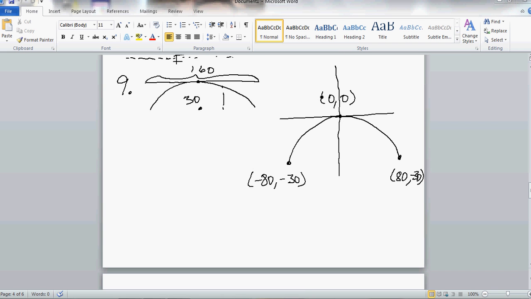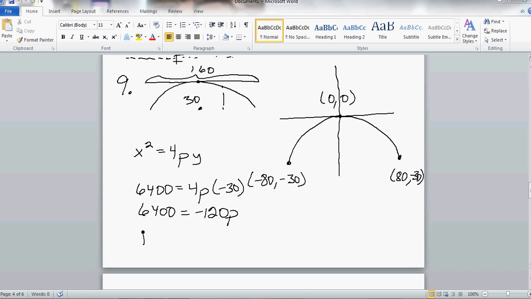And so what we need to do is determine what's going on here. Well, this is an x squared form, so it's going to be x squared equals 4py. Now we have to plug in some values that we know, say (80, -30). If I plug in 80 for x, I get 6,400 equals 4p times negative 30. 4p times negative 30 is negative 120p.